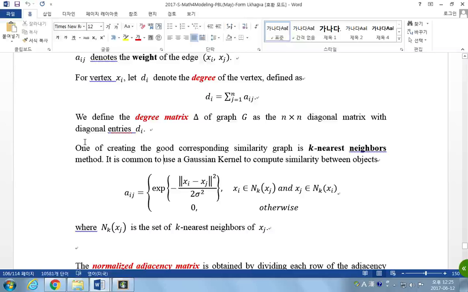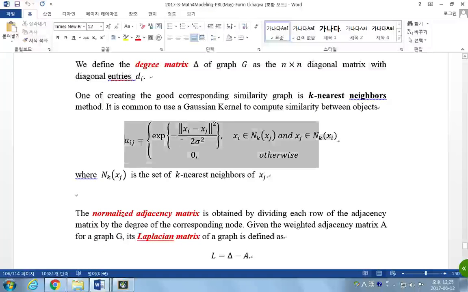It is difficult to choose the similarity matrix. One way of creating a good similarity graph is the k-nearest neighbor method. It is common to use the Gaussian kernel to compute similarity between objects using this formula, where x_i and x_j belong to each other's k-nearest neighbors.